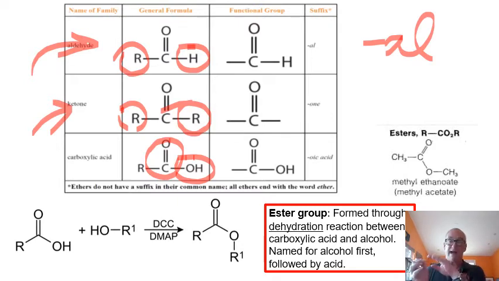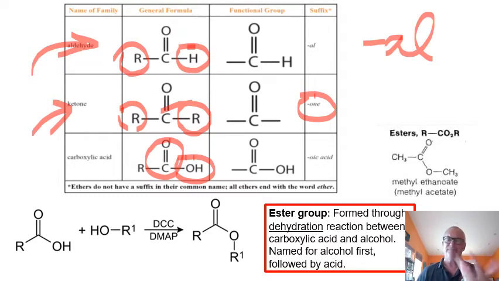It doesn't have the hydrogen next to it. It has carbons on either side. And we end that with -one. You've probably heard of acetone. That molecule was in your test last week. So we name those by referring to whatever is the R group on one side of the CO bond and what's on the other side, and then the carboxylic acid.